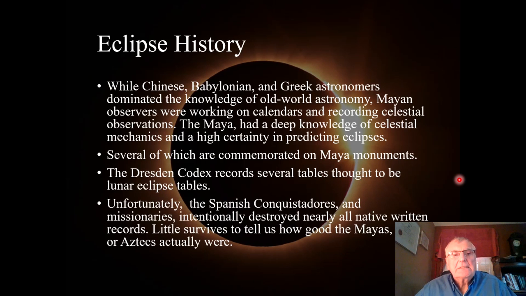Unfortunately, I hate to say it, the Spanish conquistadors and the missionaries intentionally destroyed nearly all the native written records. So little survives to tell us how good the Mayas and the Incas and the Aztecs actually were. Now, what we did have, though, tells us they were really pretty good at this stuff, so they probably were really good at predicting eclipses.